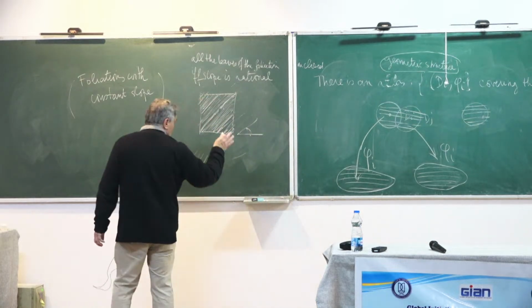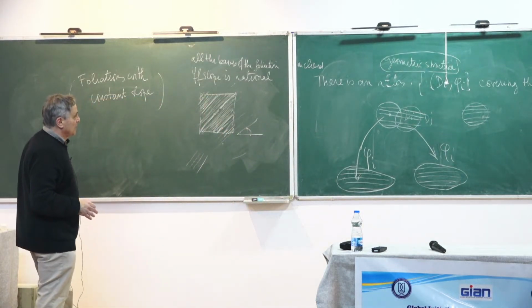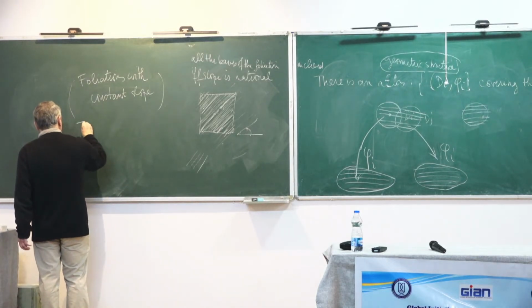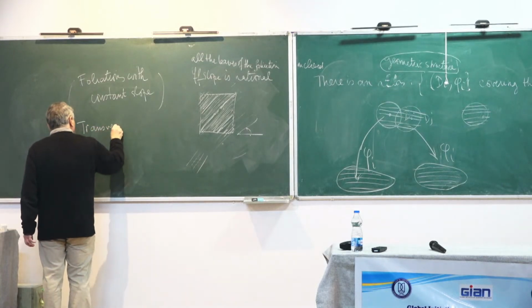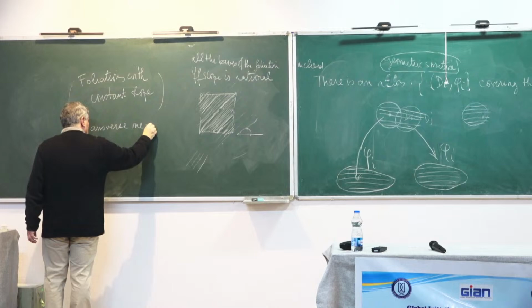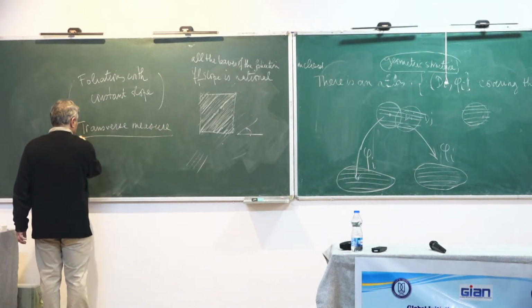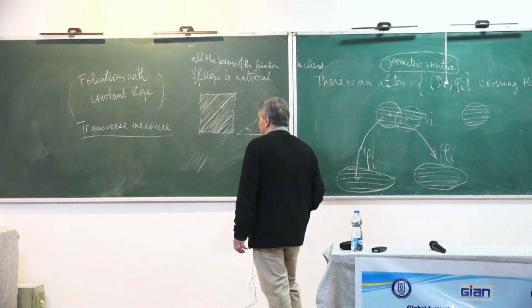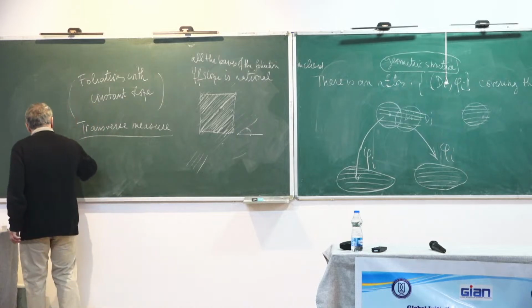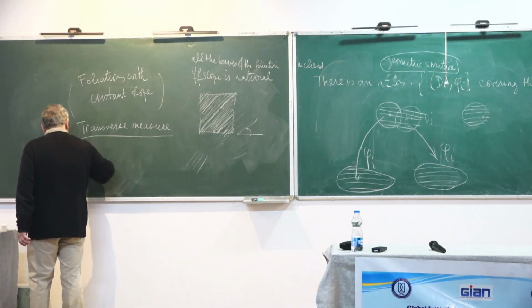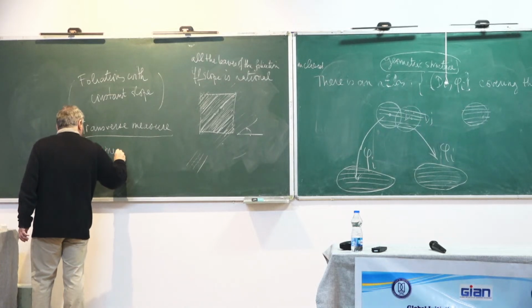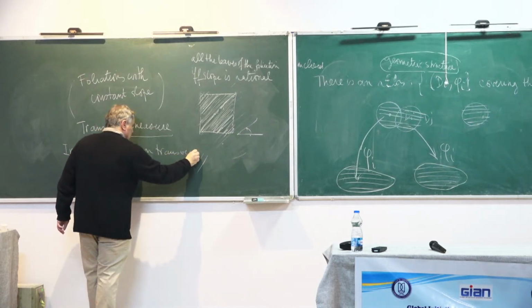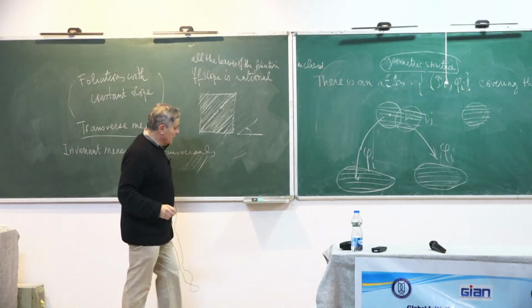There's an important notion here which I will explain for surfaces of higher genus, and this is a question of transverse measure. So this transverse measure is an invariant measure on transversals.